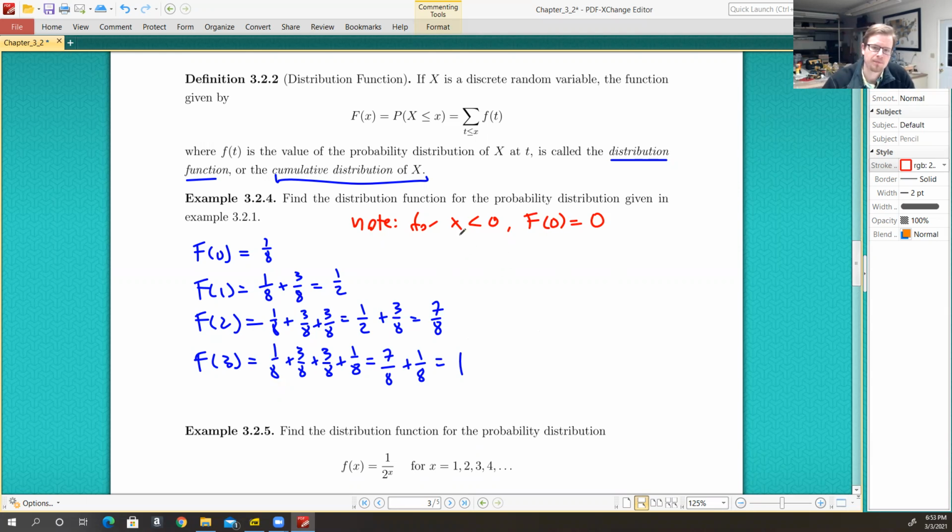Now, if we consider x greater than 3, F of x would have to be 1, because the probability of having fewer than 4, or fewer than 5, is of course 1, because the only possibilities are 0, 1, 2, or 3.